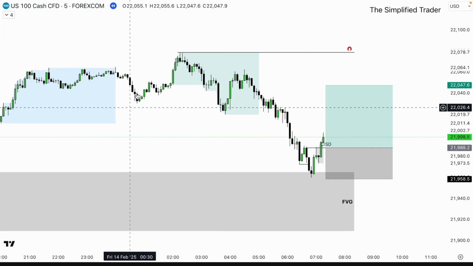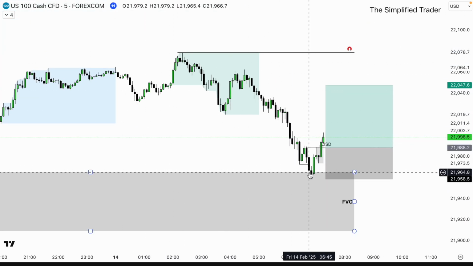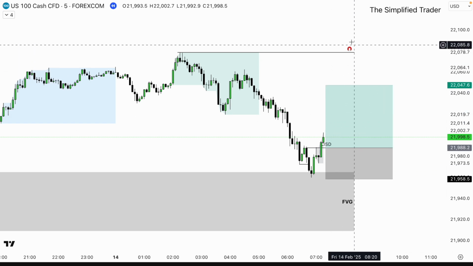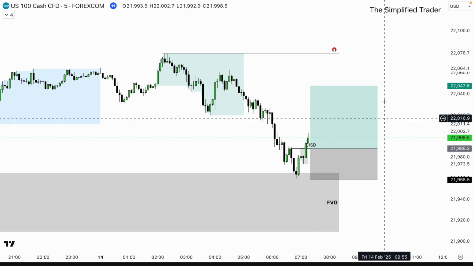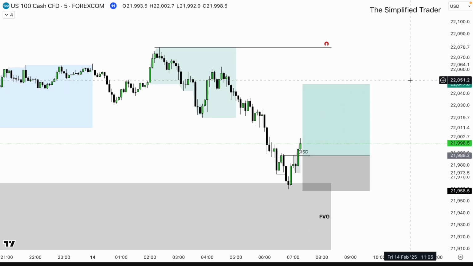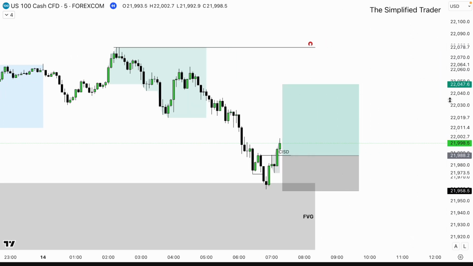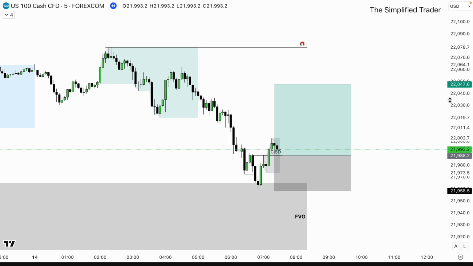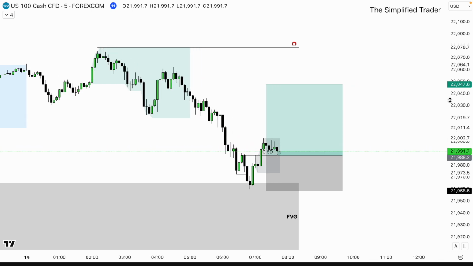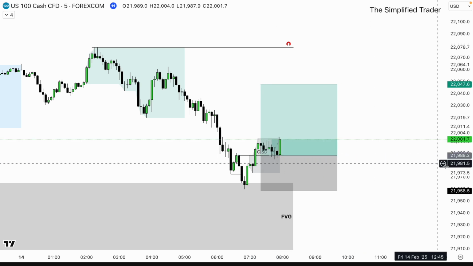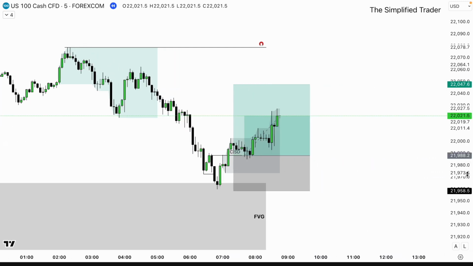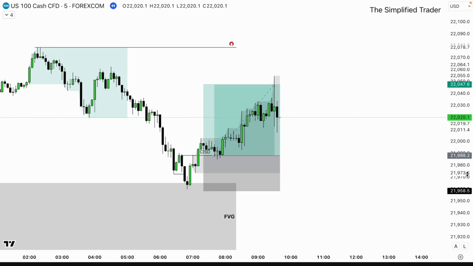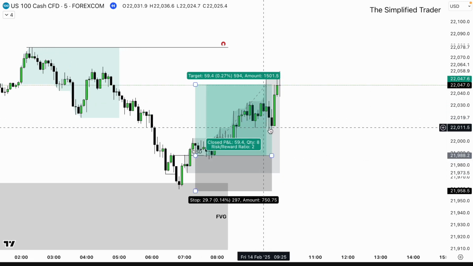Remember, we are going from external back down to internal, and we are chasing external again. So now here we have the 5-minute time frame aligning with our 1 hour time frame. Now we just play this ahead to see how price action plays out. Here we get a tap of our trade, and we just let this position run. Price action runs up to hit my 2R.